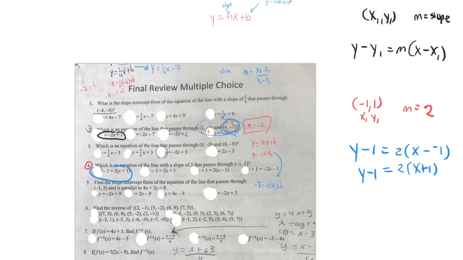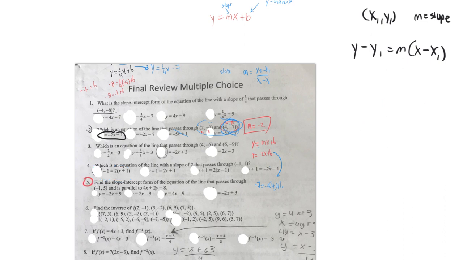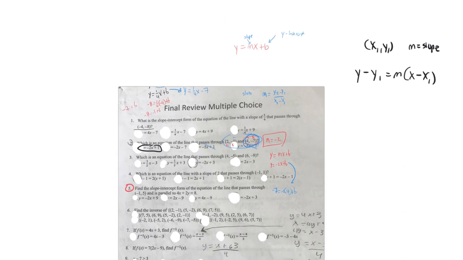Problem number 5. Find the slope-intercept form of the equation of the line that passes through -1, 5 and is parallel to 4x plus 2y. Okay, so we want the slope-intercept form, which is once again this form right here. In order to do that, you're going to need the slope and the y-intercept.